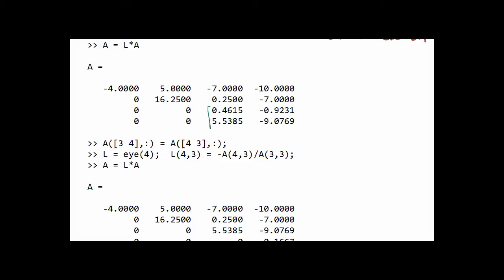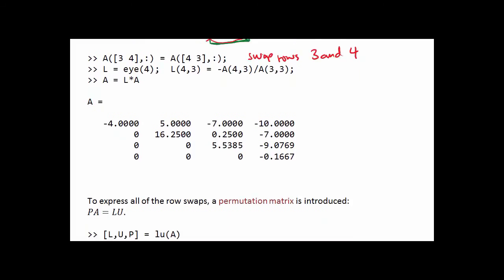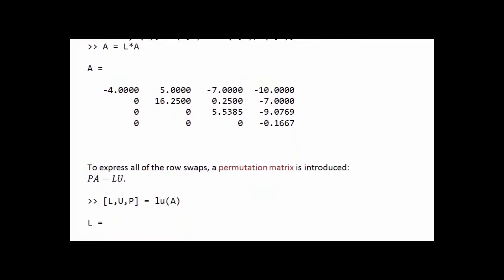Finally, we're going to do the third column. So the largest possible pivot element is in the fourth row, so we have to do another swap. Do the Gaussian elimination, and we're done. So this is now our U matrix, upper triangular.